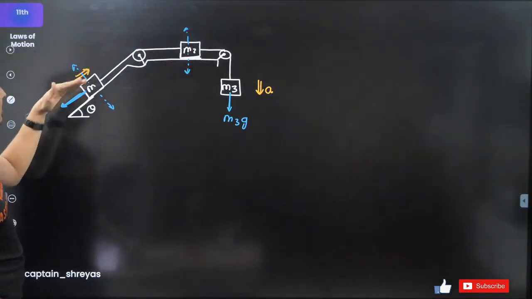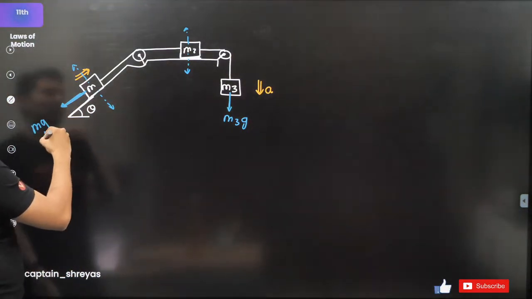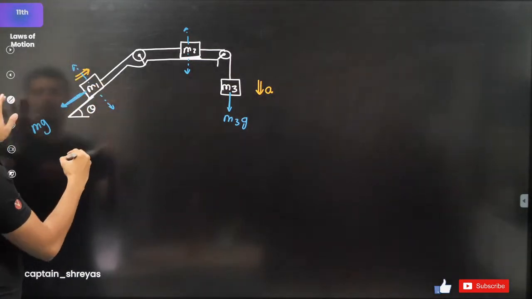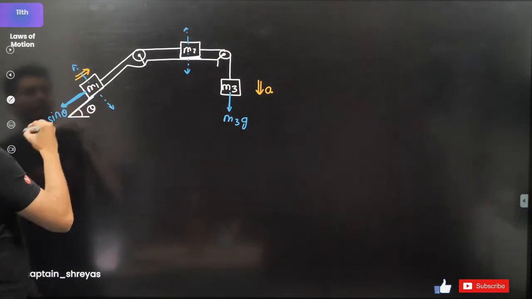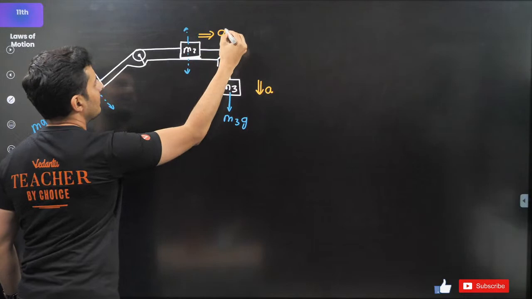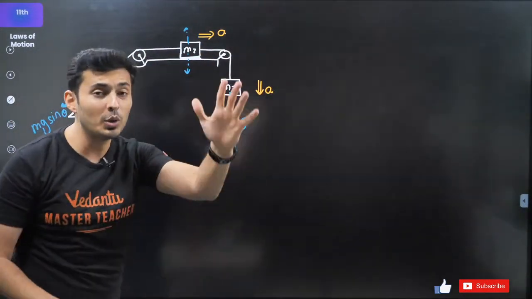Here the acceleration is here, so only worry about this force, which was m1, I believe. So this should be nothing but m1g sin theta. Here, please understand, the acceleration is like this. There is no force in the horizontal direction. Tension is internal. Don't worry about it.